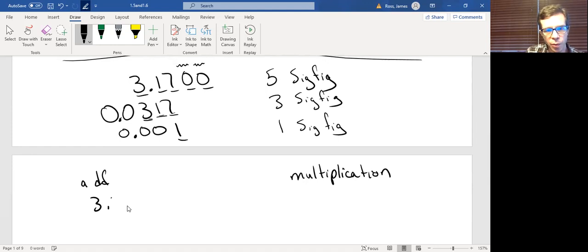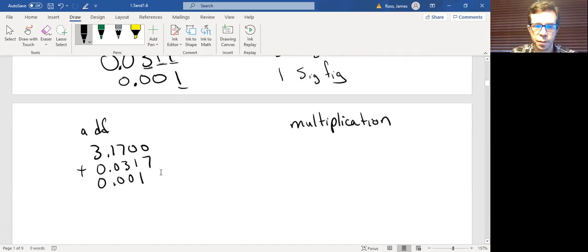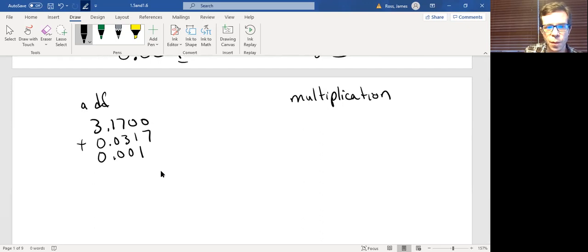Let's say we take 3.1700 and we're going to add 0.0317. And we're going to add 0.001. All right, what's this going to be? 3.2027. All right, how many of those significant figures do we keep?